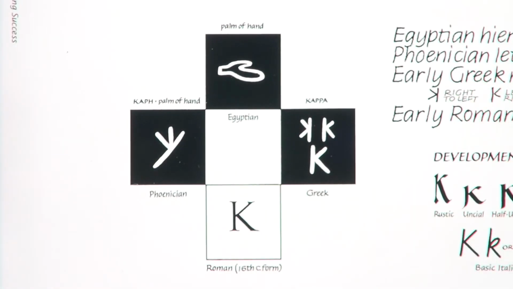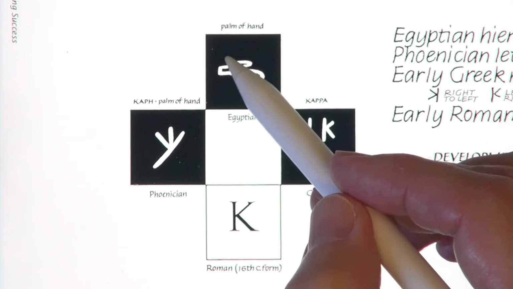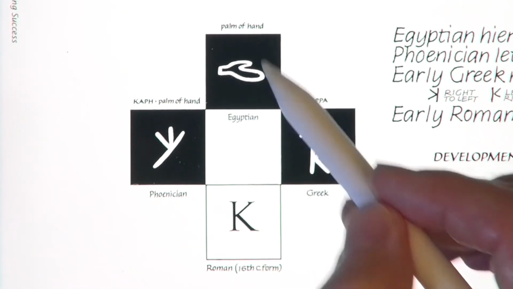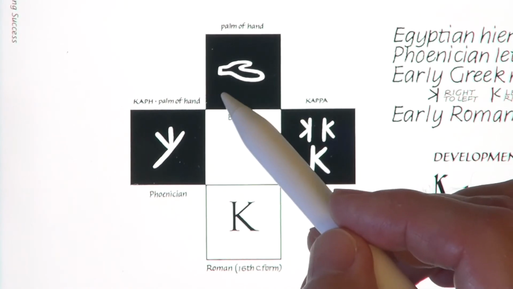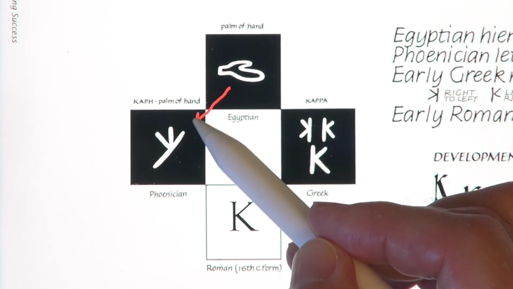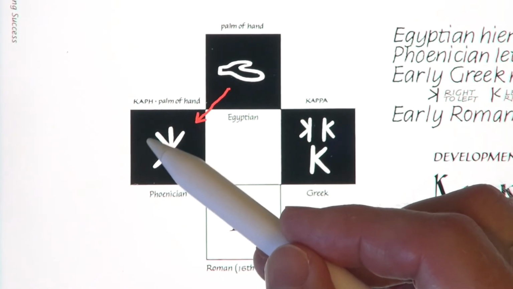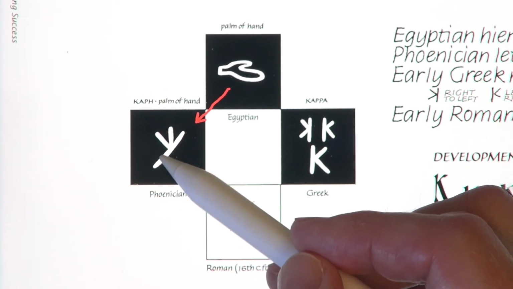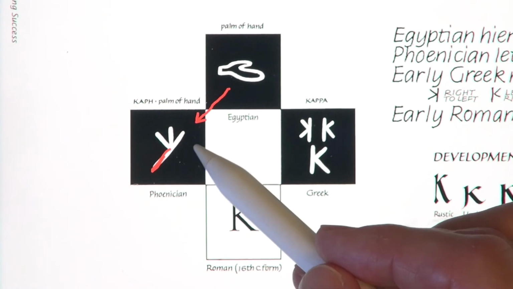Let's take a look at the history of the letter K. It started far back with the Egyptian hieroglyph meaning palm of a hand. The Phoenicians took that hieroglyph and simplified it. As you can see, here is a simplified version of a hand and a wrist.